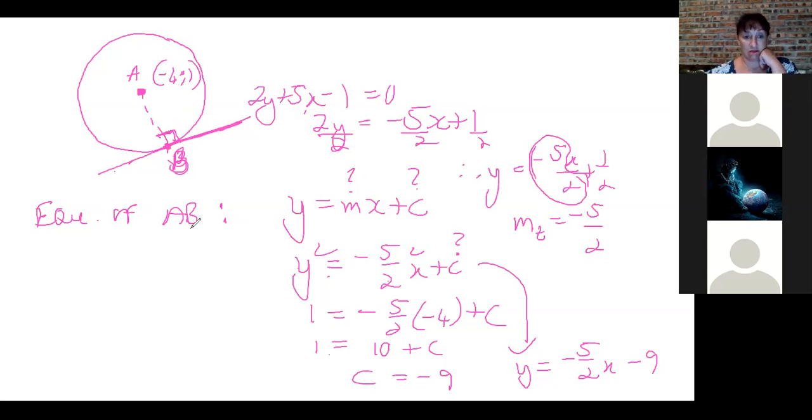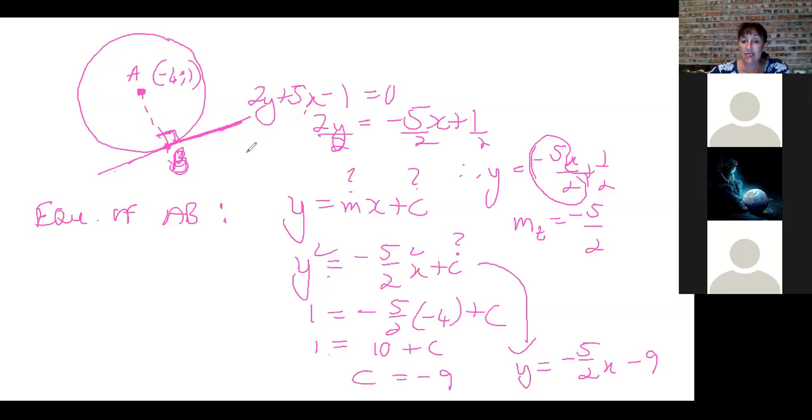All important concepts. You can find the coordinates of B by solving these two lines simultaneously.